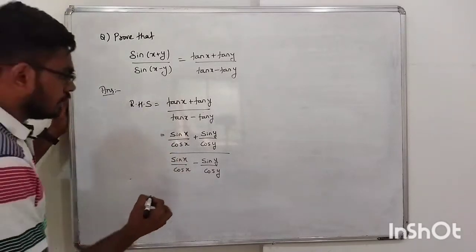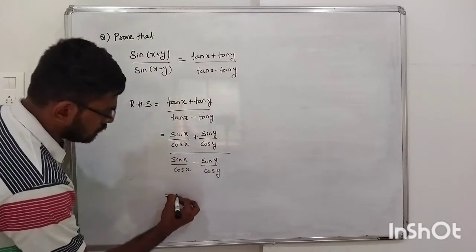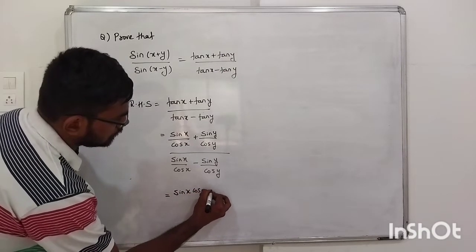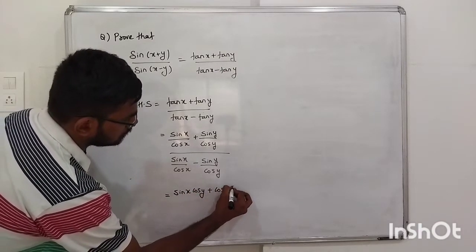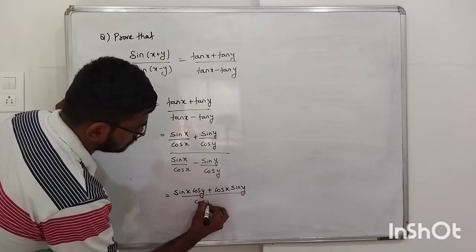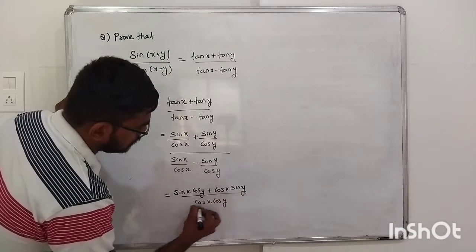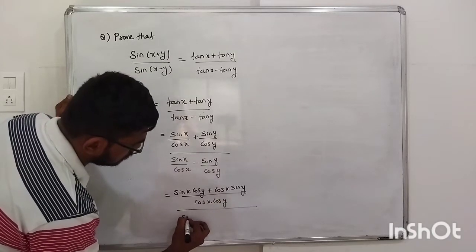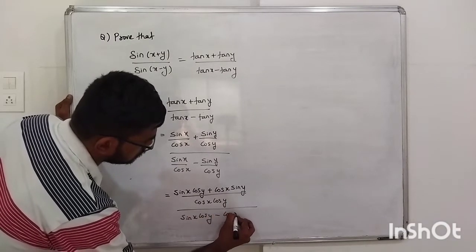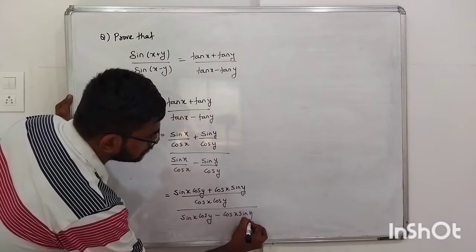Then we just simplify: sin x cos y plus cos x sin y upon cos x cos y, and the denominator sin x cos y minus cos x sin y upon cos x cos y.